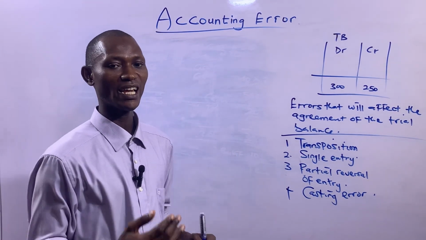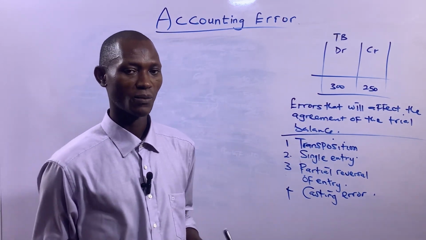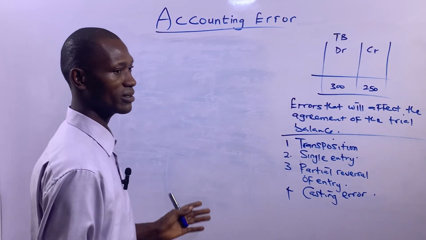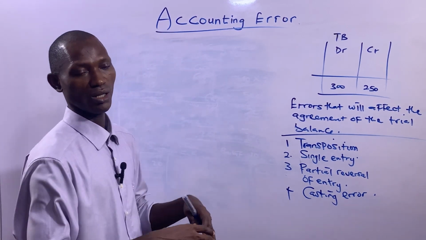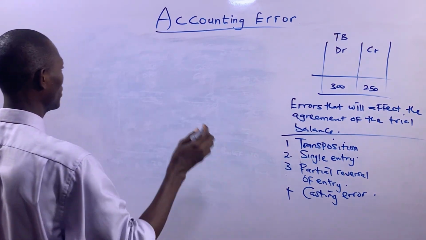So casting can either be overcast or undercast, depending on the error that is made. But let's take a look at overcast.